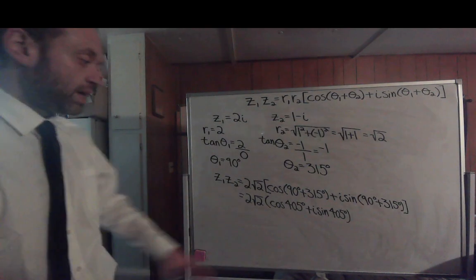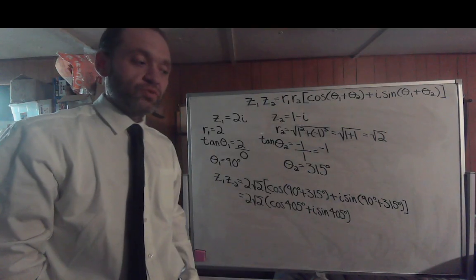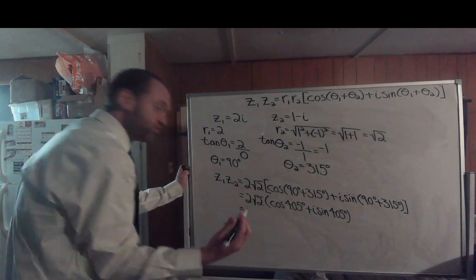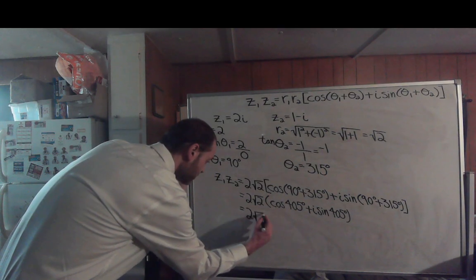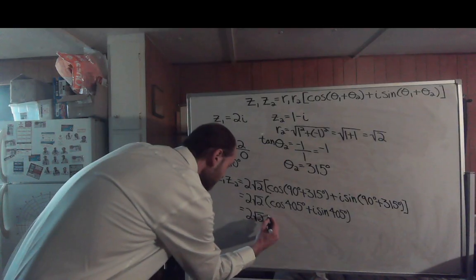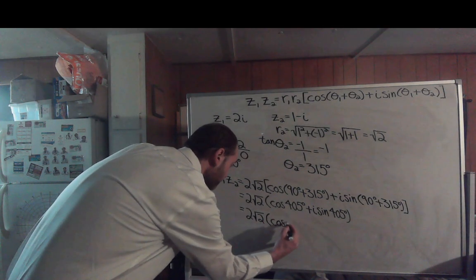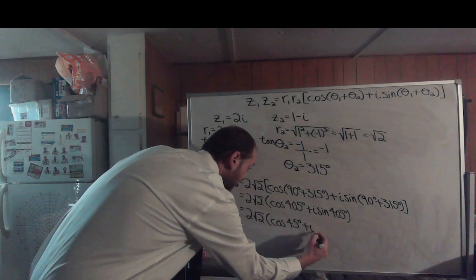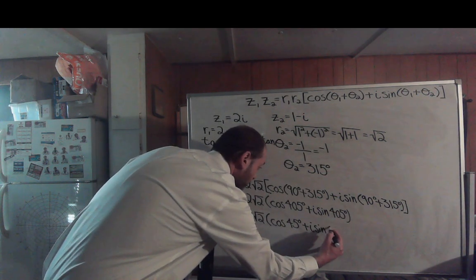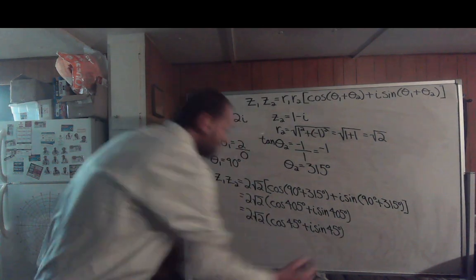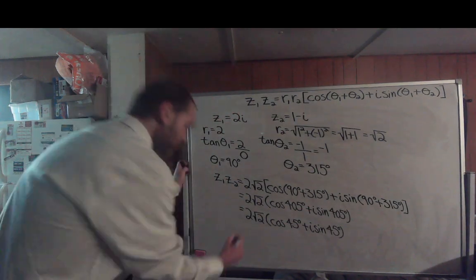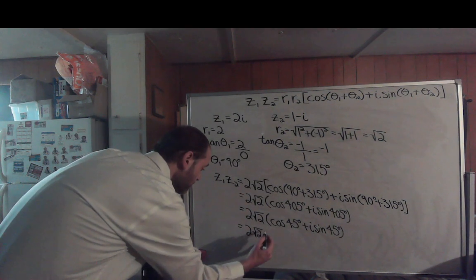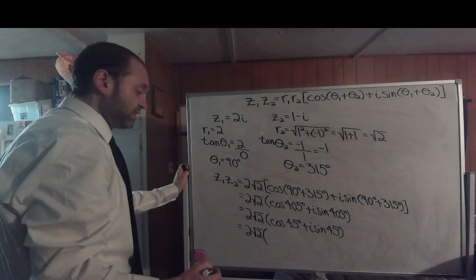Well, there is a simpler way to convert this. 405 is past 360, so if you subtract 360 from 405, that would give you just 45. So you would end up getting 2 times the square root of 2 times the cosine of 45 degrees plus i times the sine of 45 degrees. So there's your number in trig form, but let's convert this to standard form. This would be equal to 2 times the square root of 2 times, what's the cosine of 45?